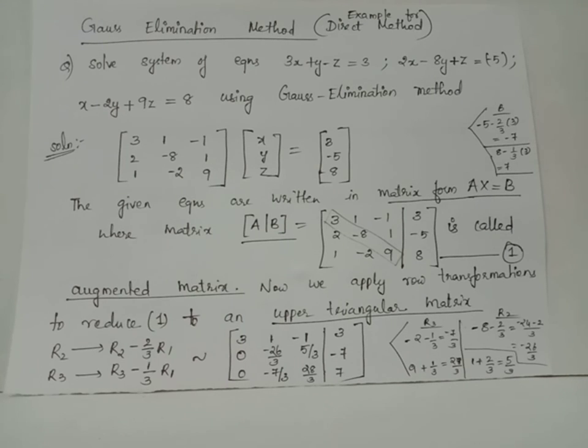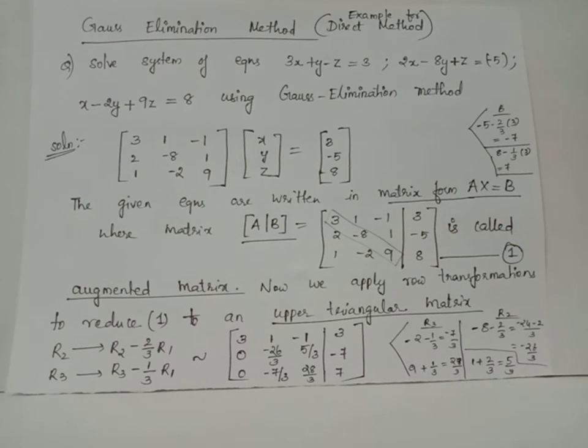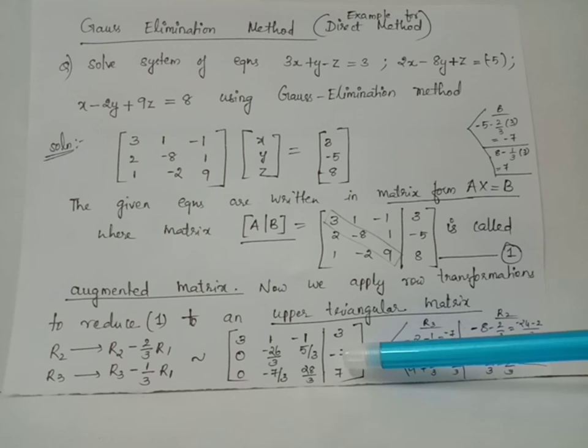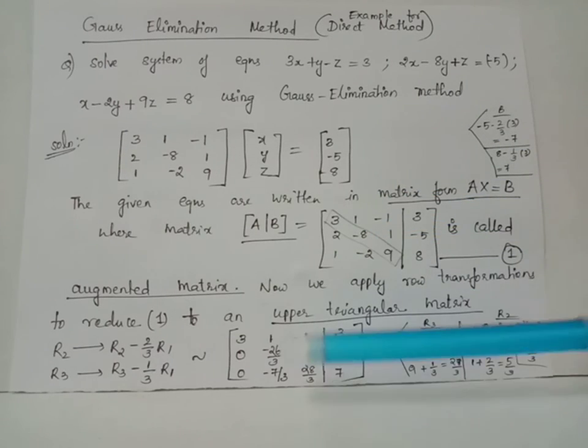Notice that when this row transformation is applied on the constant matrix, minus 5 changes to minus 5 minus 2 by 3 times 3, which becomes minus 7, the updated value written here. When we apply the new row transformation, 1 changes to 1 minus 1 by 3 times 3. Thus we have 0 obtained here.